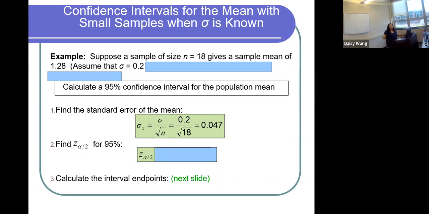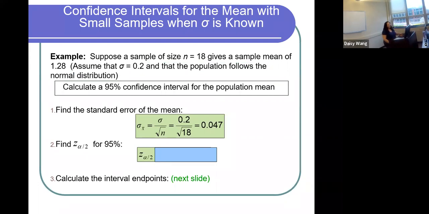So what is the 95%? The z-score will be what? 1.96. Okay, right. So it's 1.96 times 0.2 divided by the square root of 18.